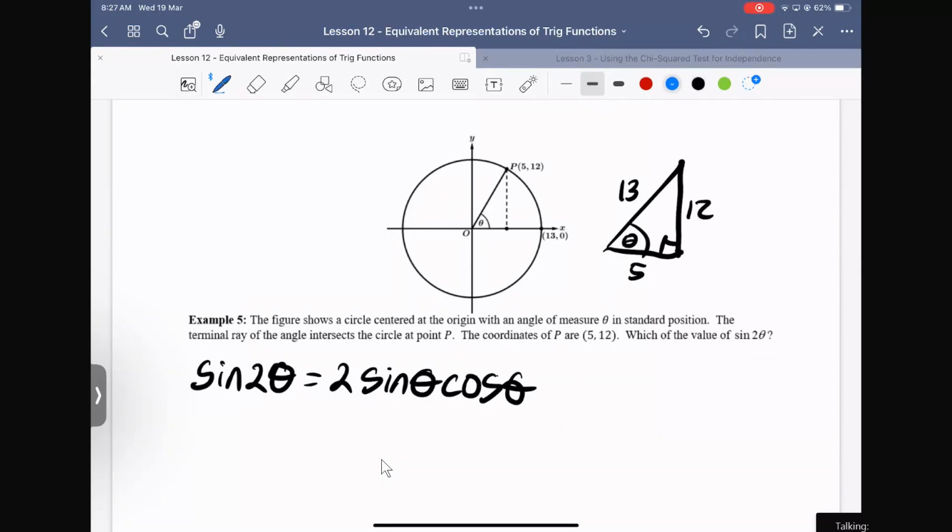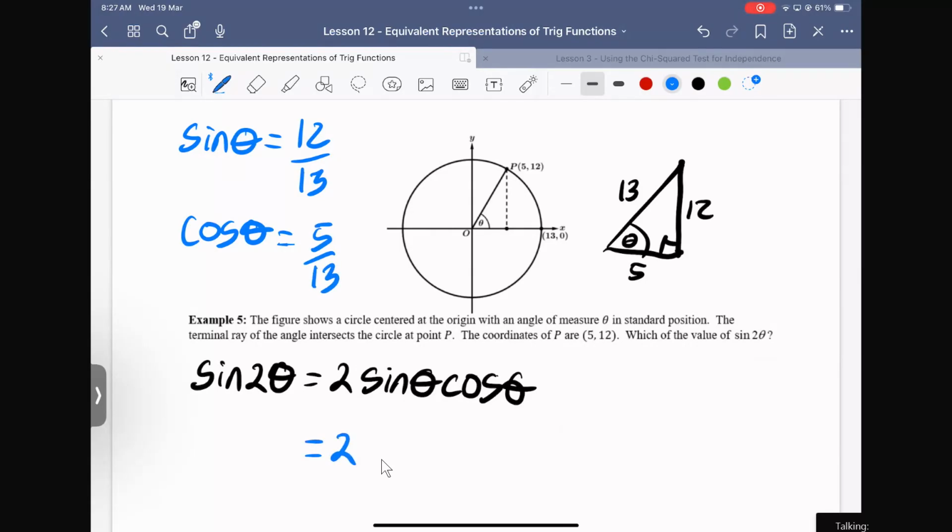This means that the sine of theta is opposite over hypotenuse, 12 over 13. The cosine of theta is adjacent over hypotenuse, 5 over 13. So this is going to be 2 times 12 over 13 times 5 over 13. 2 times 5 is 10, times 12 is 120, over 13 squared, which is 169.